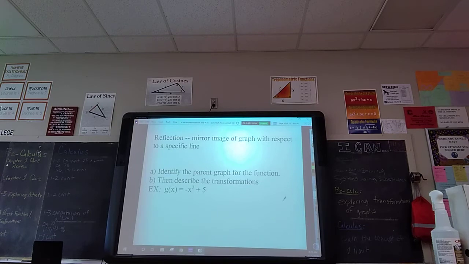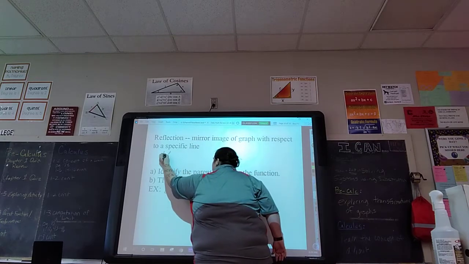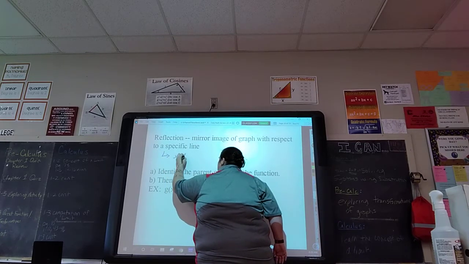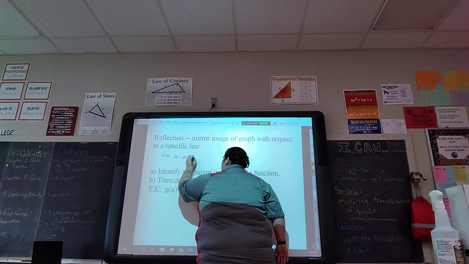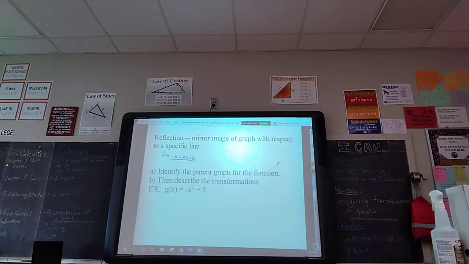So it's a reflection, which is a mirror image of the graph with respect to a specific line. And our specific line for our graphs is the x-axis. And that's the only type of reflection we see.